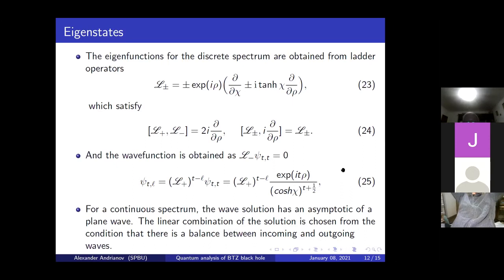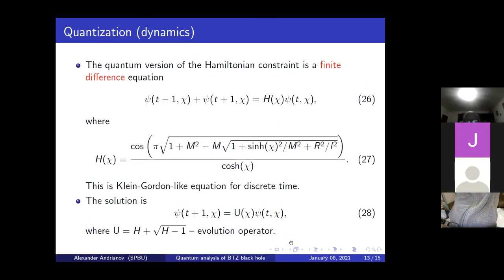And we choose a linear combination of solutions from the condition that there is a balance between incoming and outgoing waves. So the quantum version of the Hamiltonian constraint is a finite difference equation. It is a Klein-Gordon-like equation for discrete time. So it is a finite difference because time is discrete.